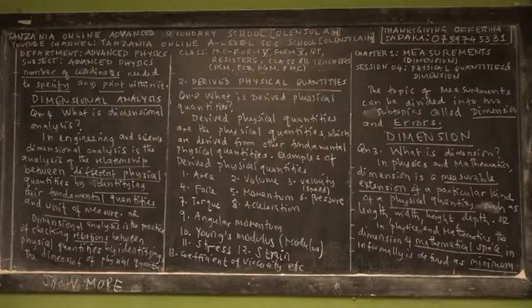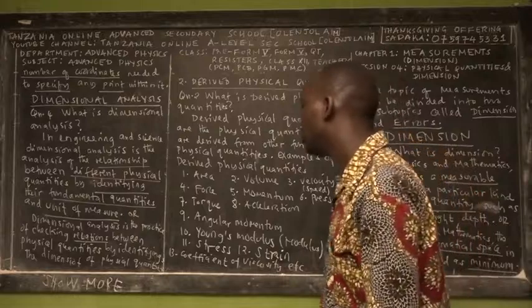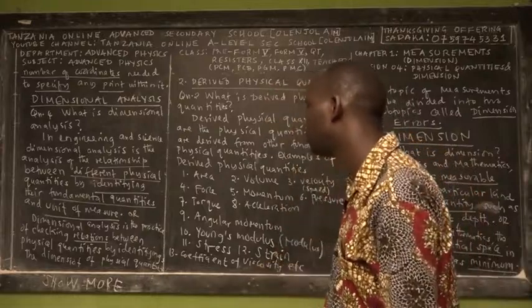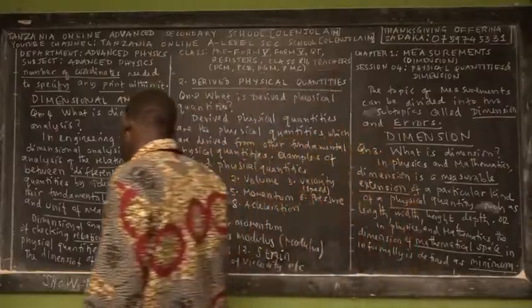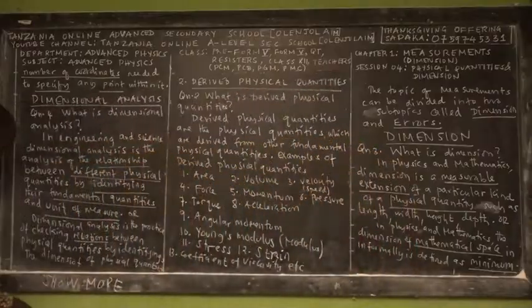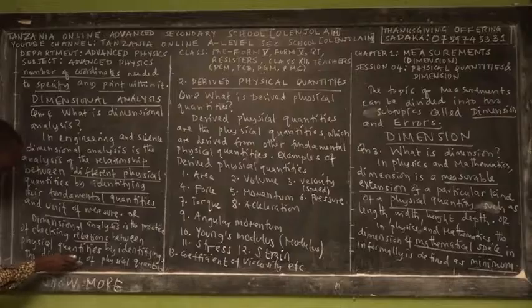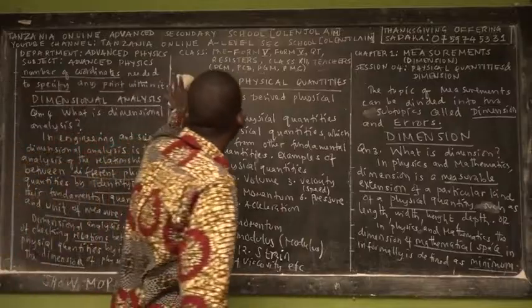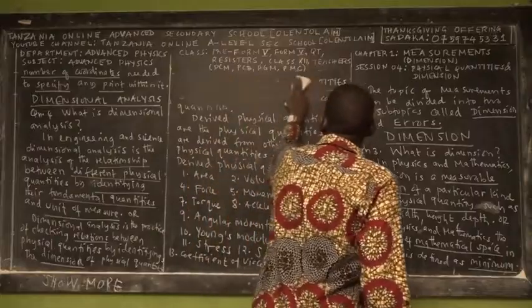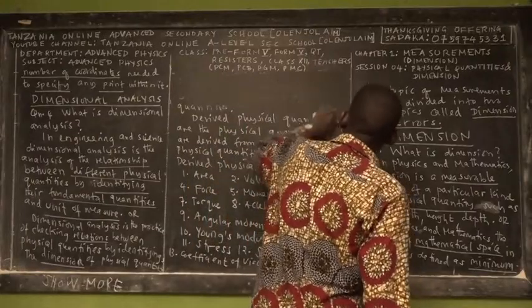Dimensional analysis is a practice of checking relations between physical quantities by identifying the dimension of what? Of physical quantities. That's the meaning of dimensional analysis.